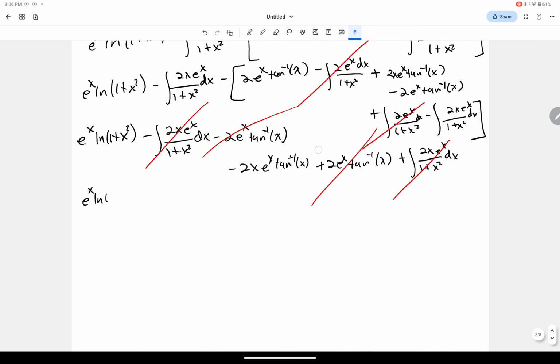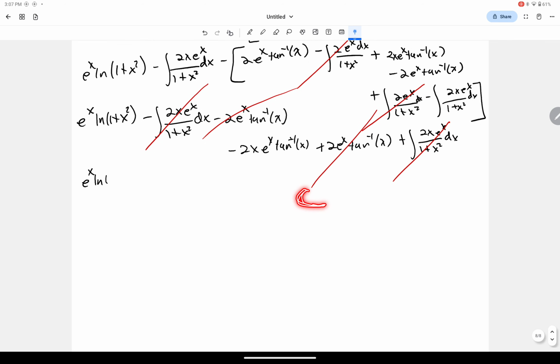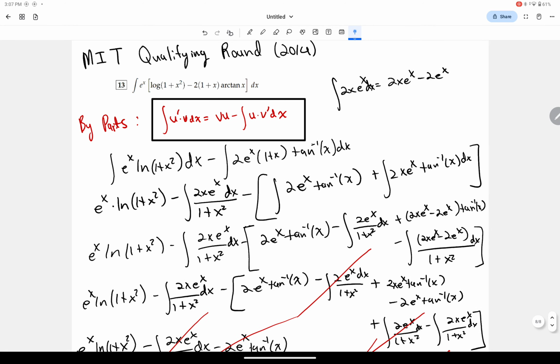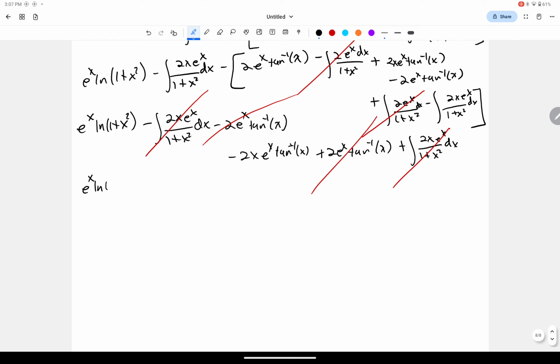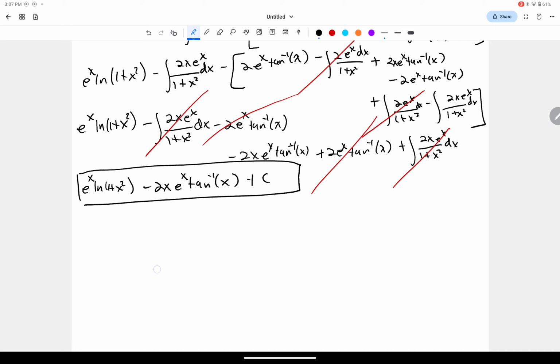But again, I can always have a plus c on the outside, because if I differentiate a constant, since it doesn't have any rate of change, the derivative of a constant would still be 0. Thus the expression that I would get back would still be the same. So that we include a plus c. Minus 2x e to the x tan inverse x plus c. So this is the final value of the integral.